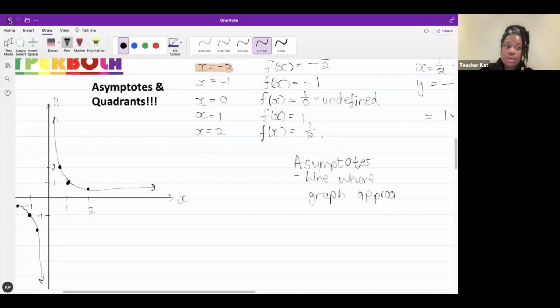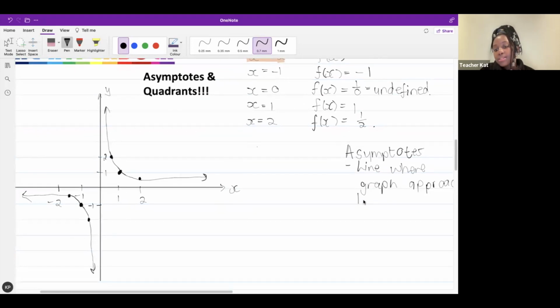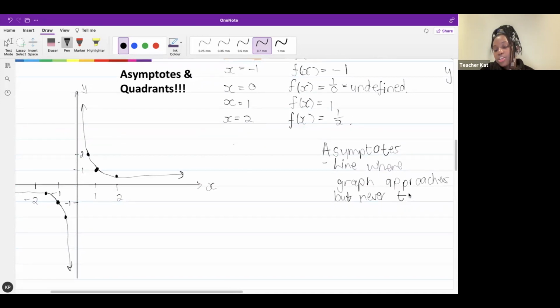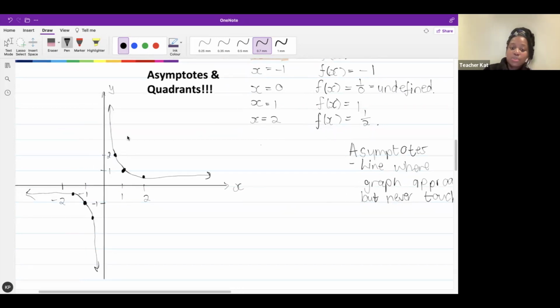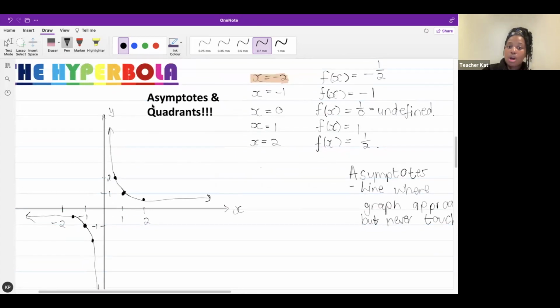English is killing me. Approaches but never touches. All right, are we with me, guys? So we have now established what our asymptotes are.